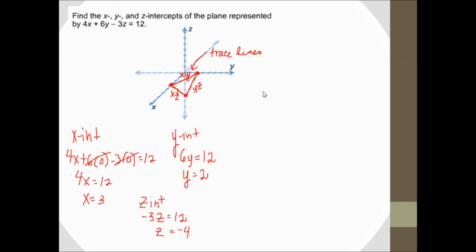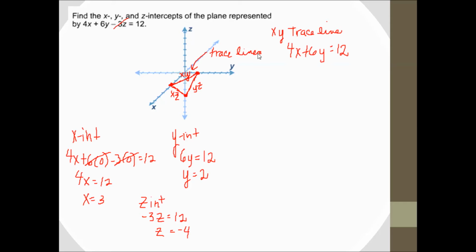So if I wanted to find the equation of the XY trace line, notice the only variable that they don't have in the XY trace line is the variable z. So all you essentially have to do is take out the z. So that is 4x plus 6y equals 12.